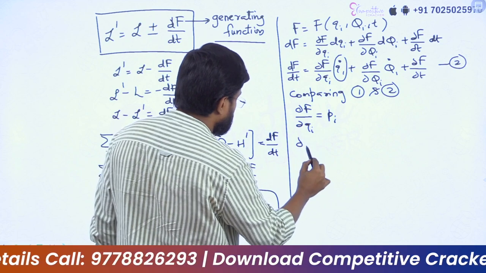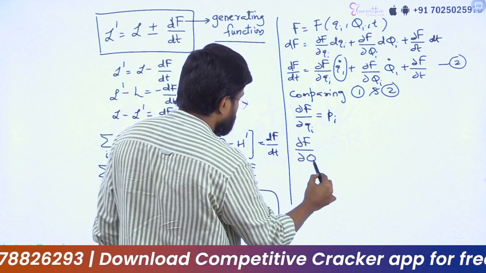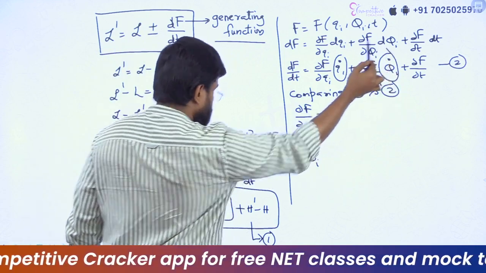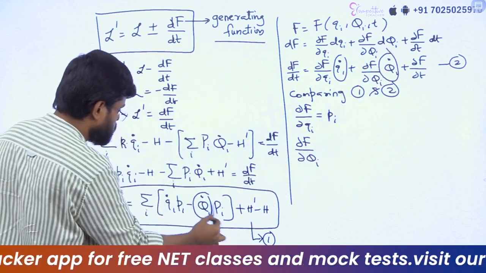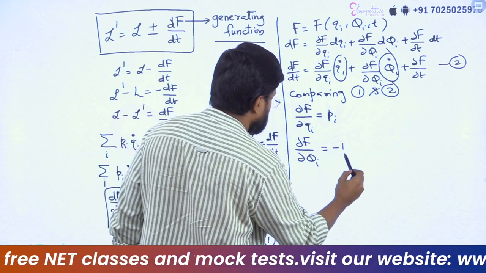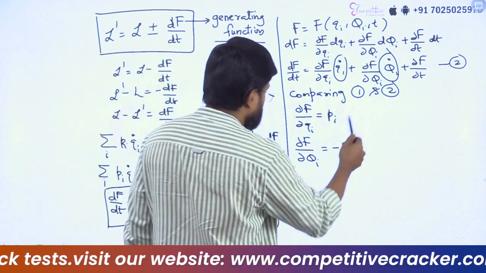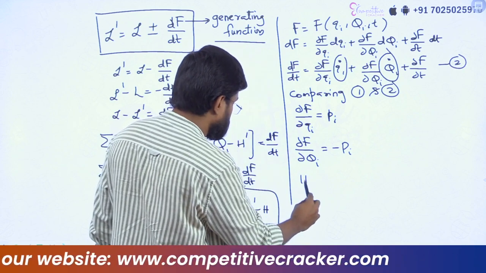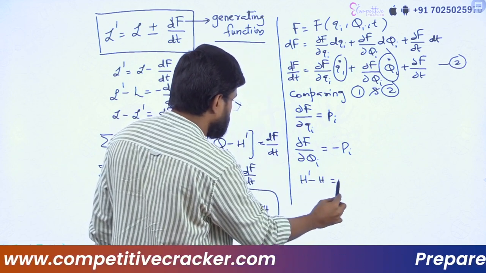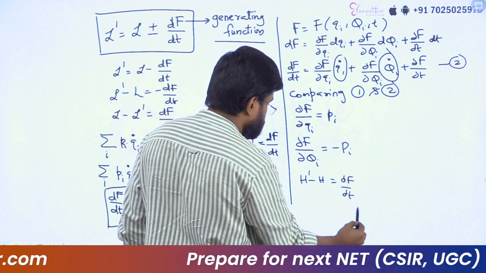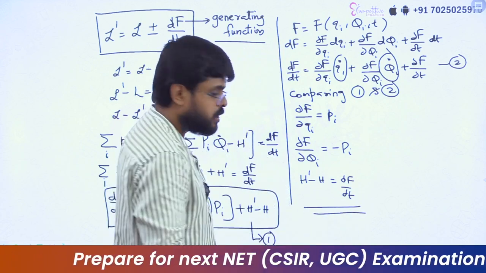And ∂F/∂Qi: here Qi dot is there, so it is minus Pi. And H prime minus H is equal to ∂F/∂t.